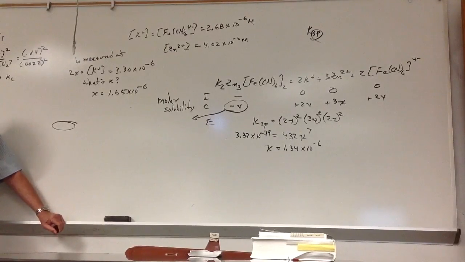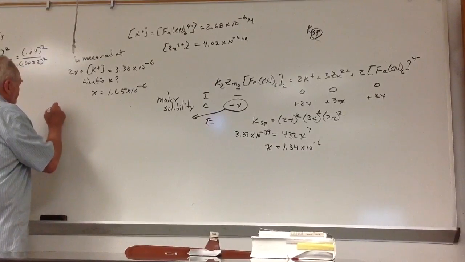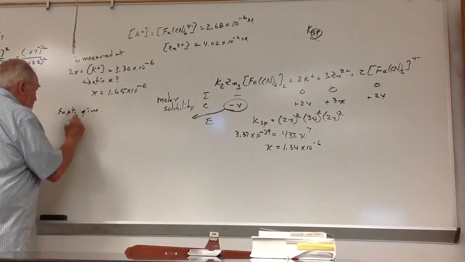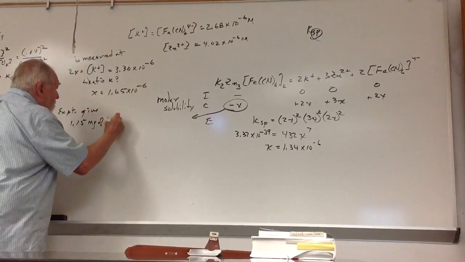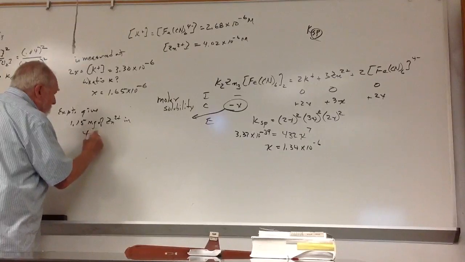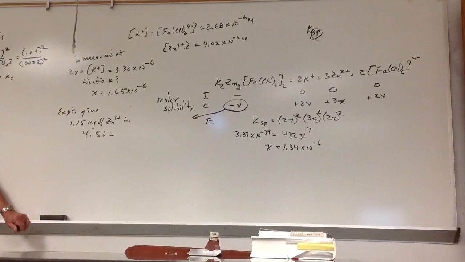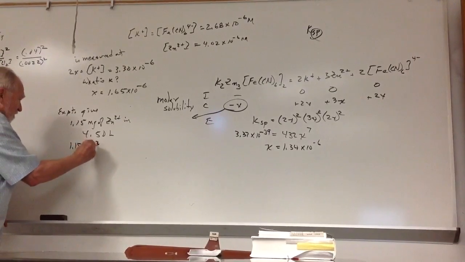Or the other thing I can say, experiment gives 1.15 milligrams of zinc ion in 4.5 liters of solution. And now you have to remember you want molar solubility and all that, so you have to do 1.15 times 10 to the minus 3 grams.